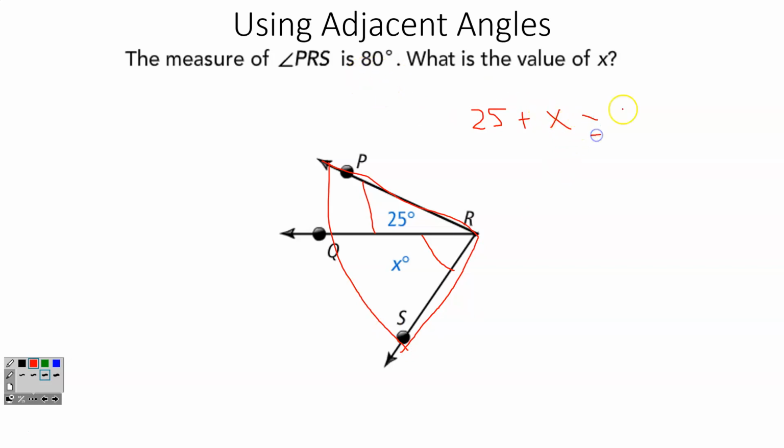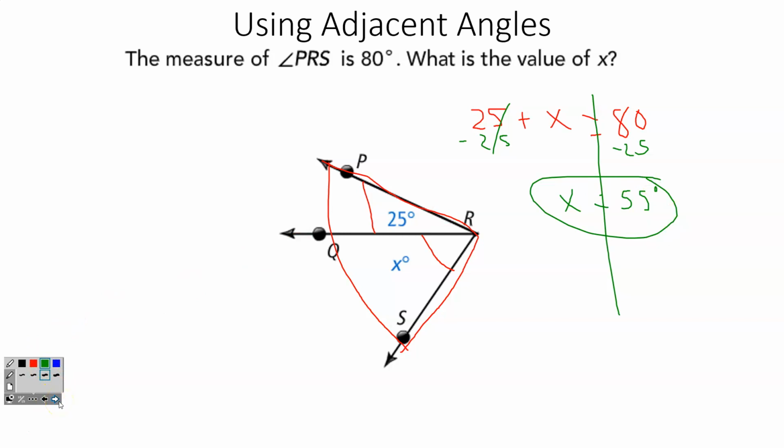Remember, is means equals. So look, I have a one-step equation. We've done these before. So I'm going to draw my fence. I need to get the x by itself, so I need to subtract 25 from both sides. That gives me an x on this side, and that gives me a 55 on this side. So what's the measure of x? Well, it's 55 degrees.